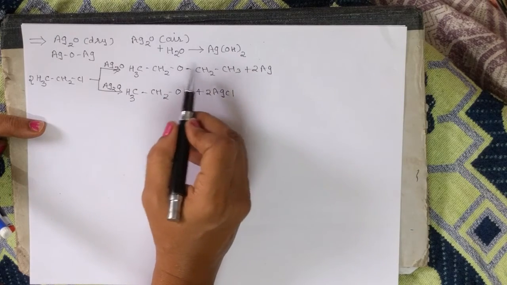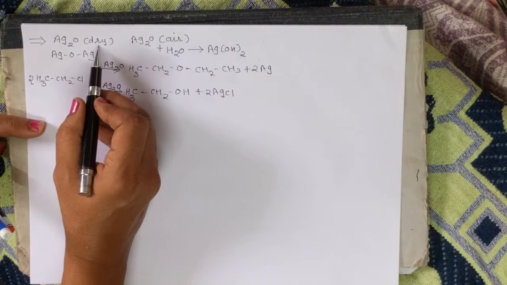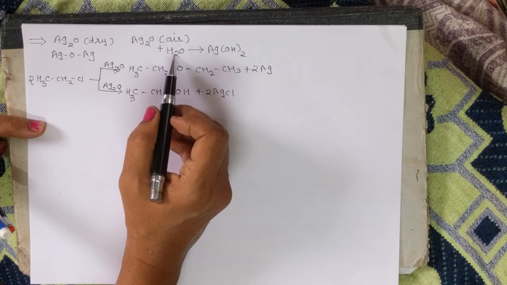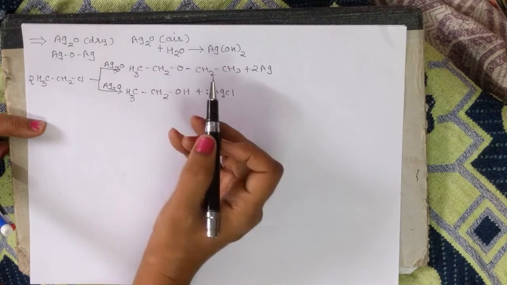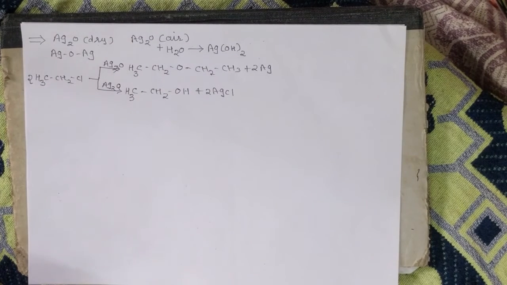So the ether is your product when you take Ag2O in the dry condition, and whenever you take Ag2O in the presence of water, moisture or air, the product is alcohol. So students, you have to keep this in your mind. This type of question is asked in MCQ format, and you will get confused.